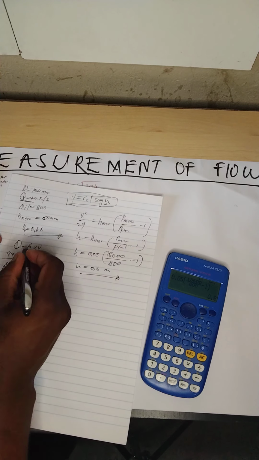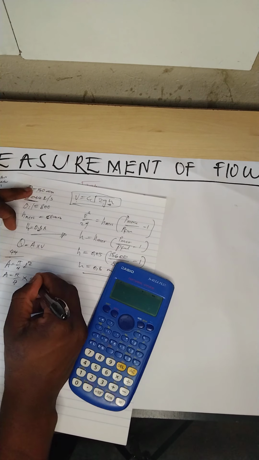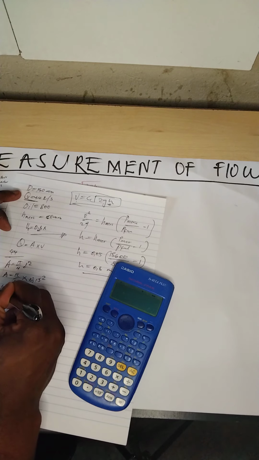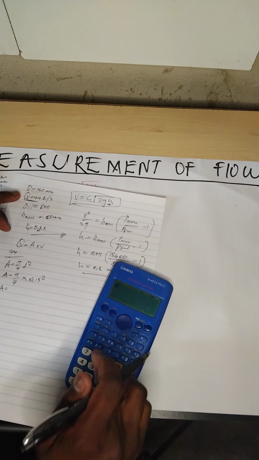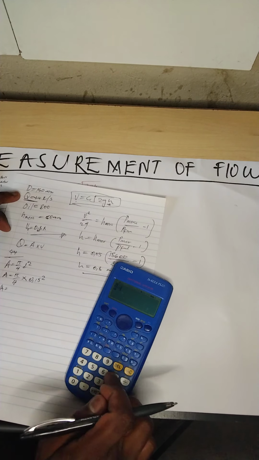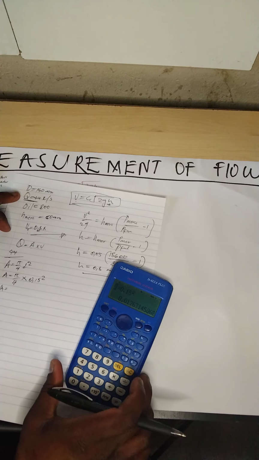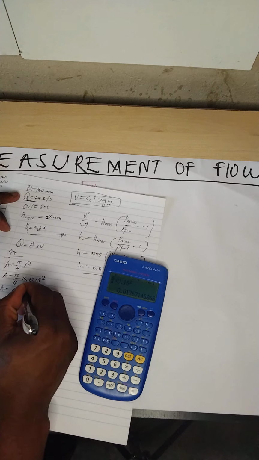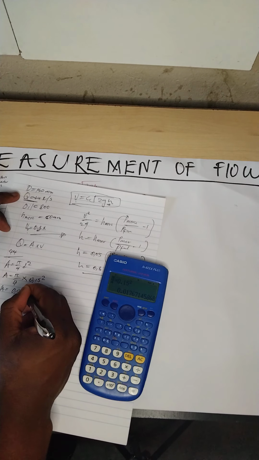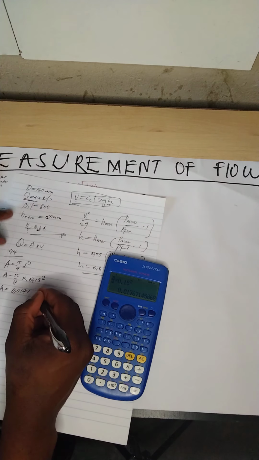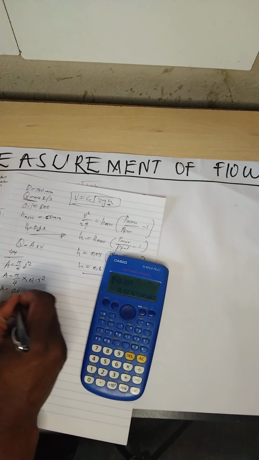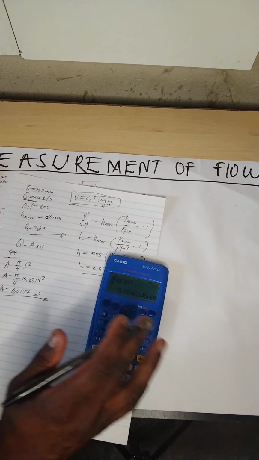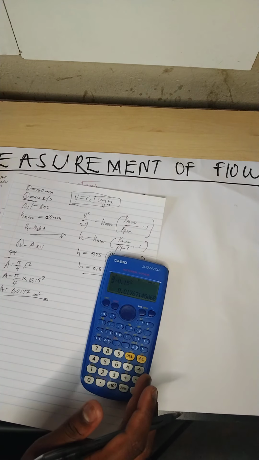Our d is 0.15. So area equals pi over 4 multiplied by 0.15 squared. Can you see that? Then it means our area is 0.0177 meter squared. This is our area.